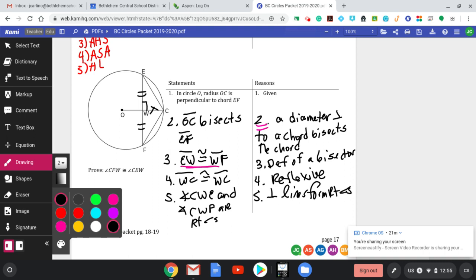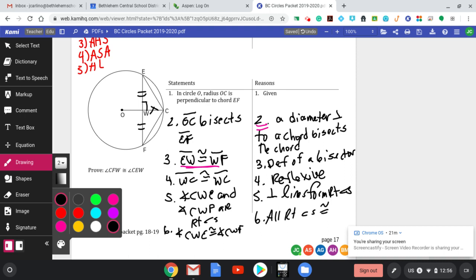And then, of course, right after we say they're right angles, we need to say they are congruent. So angle CWE is congruent to angle CWF. All right angles congruent.